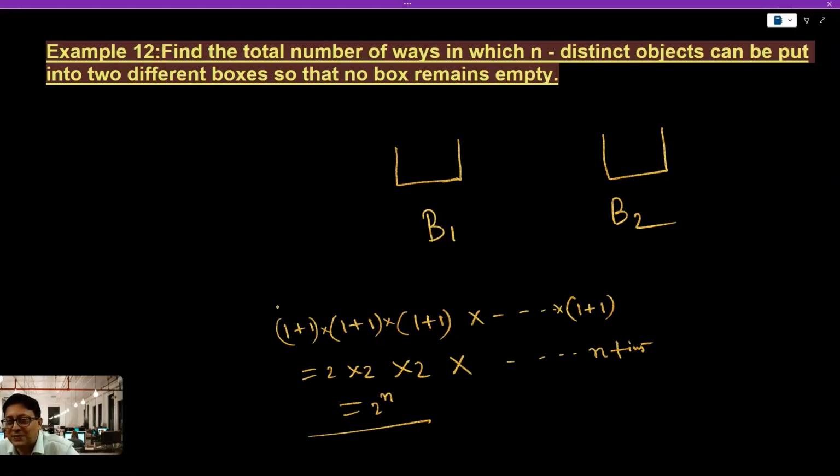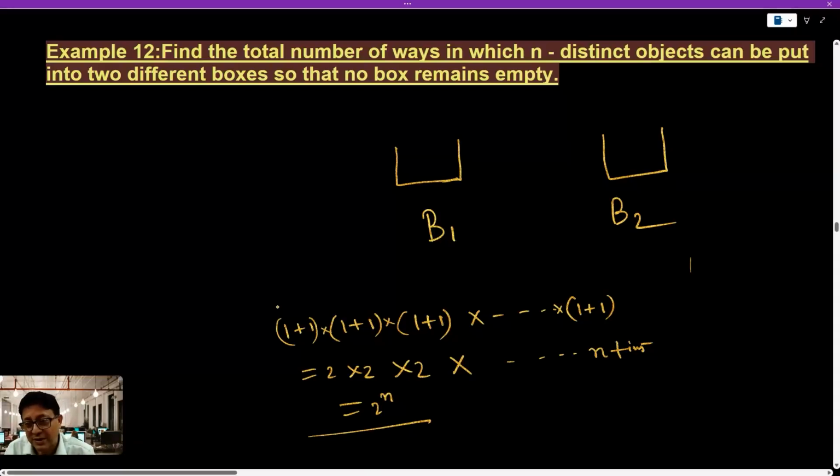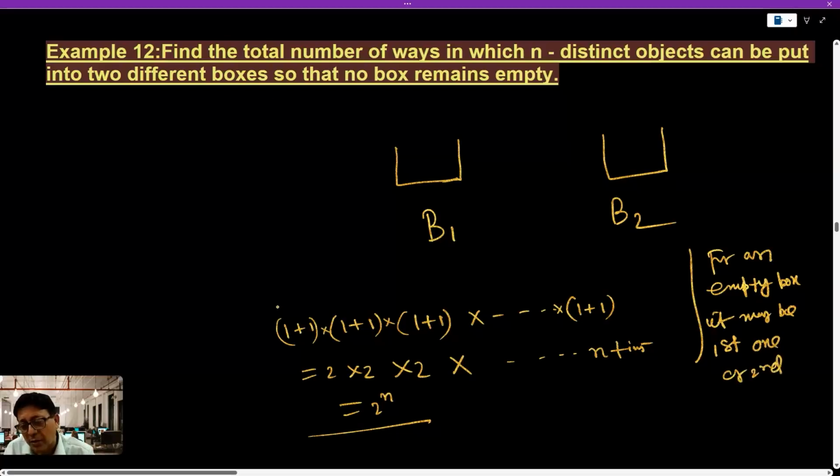But see the condition, no box remains empty. How many ways then no box will remain empty? A box can remain empty in two ways: for an empty box, it may be the first one or the second one.